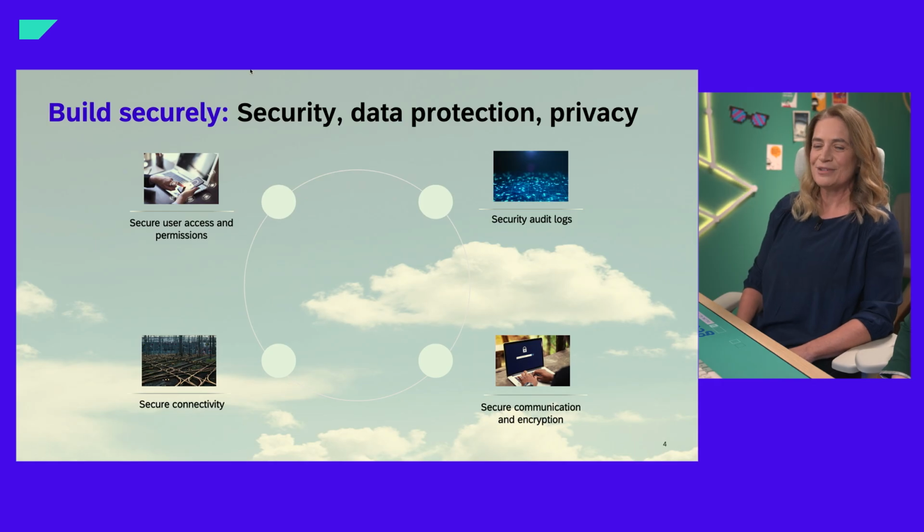Secure connectivity, of course, regardless of the origin or destination of a connection, it has to be secure from end to end. So all user access is protected by Transport Layer Security, TLS, and for connectivity, we have the BTP Connectivity Service and the Cloud Connector, so that the applications can access remote resources, whether they are on the internet or in on-premise systems, securely.